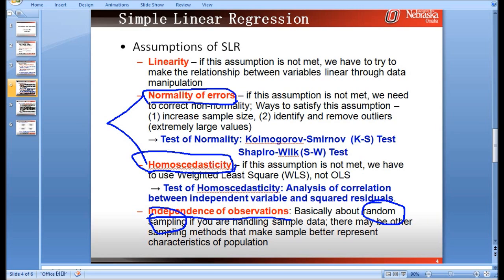This is a topic of data gathering. So just don't forget that it is very important to design random sampling to make your data represent the population as much as possible in order to minimize the estimation errors. Okay.